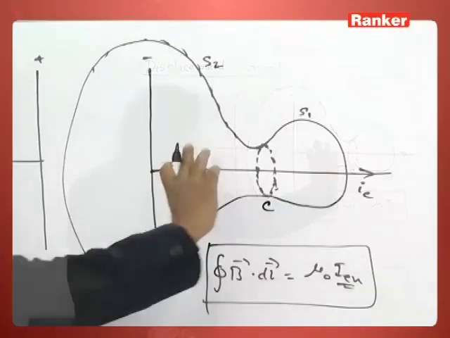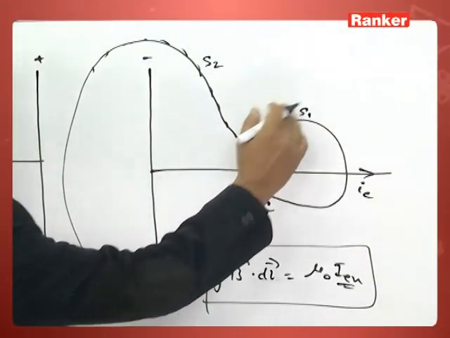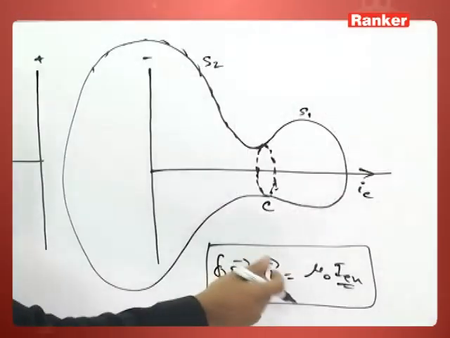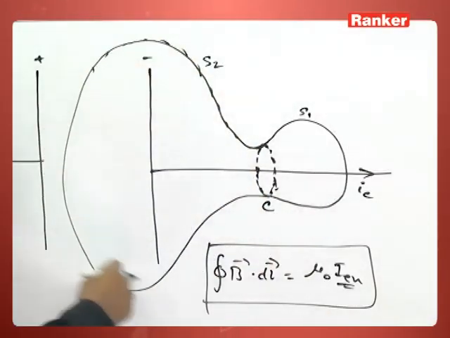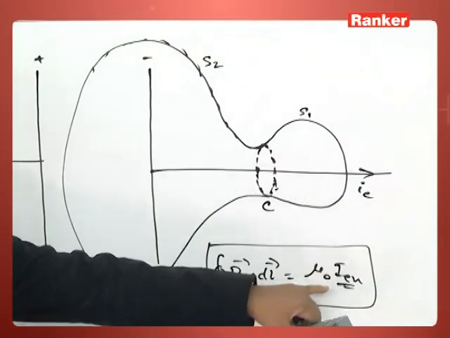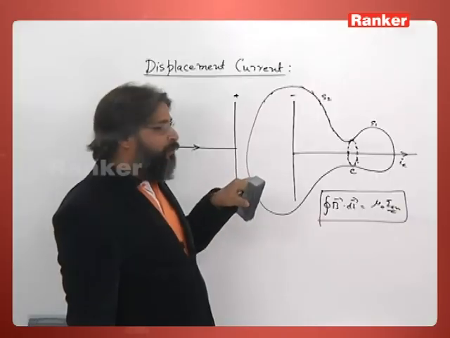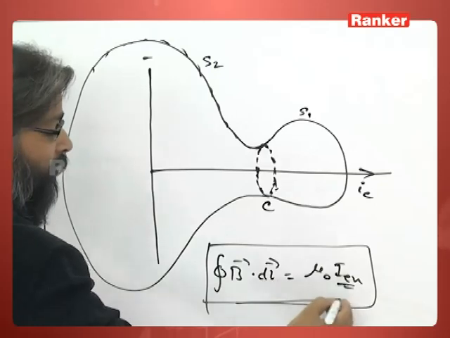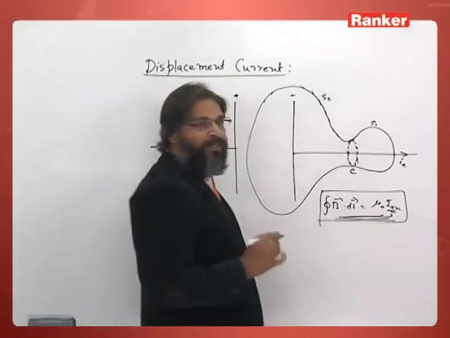So if I see this way, from the S1 surface I got that there is a current enclosed and B dot dl is finite. But when we see this way, then we don't find any mu naught I enclosed, there is no current enclosed. That means there is some flaw with this equation, Ampere's law.